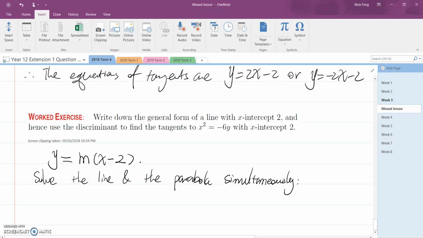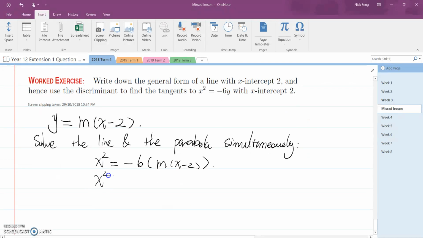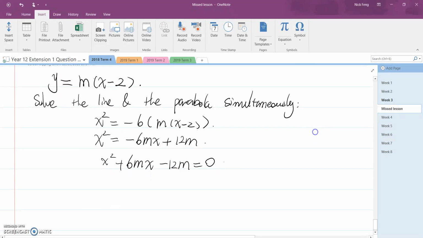In that case, the parabola is x squared equals negative 6y, and y equals m(x minus 2). So x squared equals negative 6mx plus 12m. Tidy it up a little bit: x squared minus 6mx minus 12m equals 0.